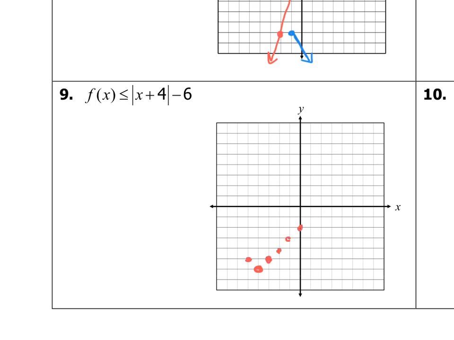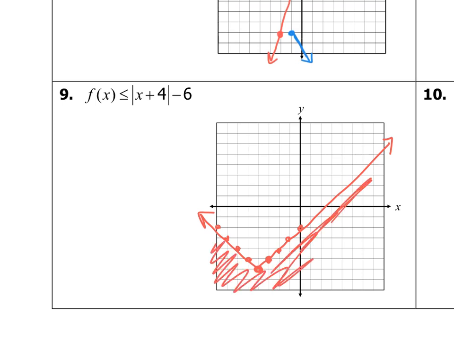So our line would go like this and like this. Okay, our function looks about like that. And it's less than, meaning I'm going to shade down this time. So shading down, and it's all the points that would be below our graph.